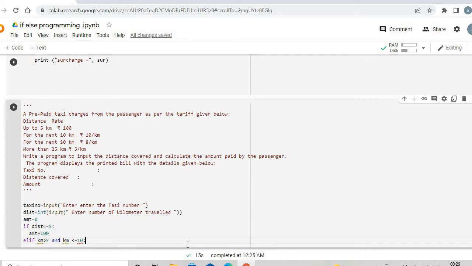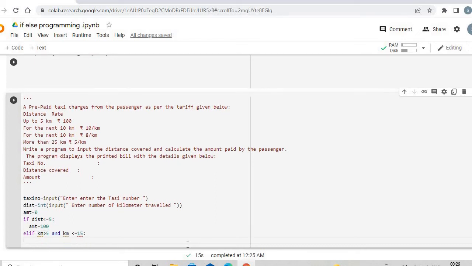Next 10 after 5, so 5 plus 10 will be 15. So how much money do I have to pay? Amount equal to 100 for the first 5 kilometers plus dist minus 5, the kilometers you travel more than 5 kilometers, that needs to be calculated here. So amount equal to 100 plus dist minus 5 into 10 per kilometer.